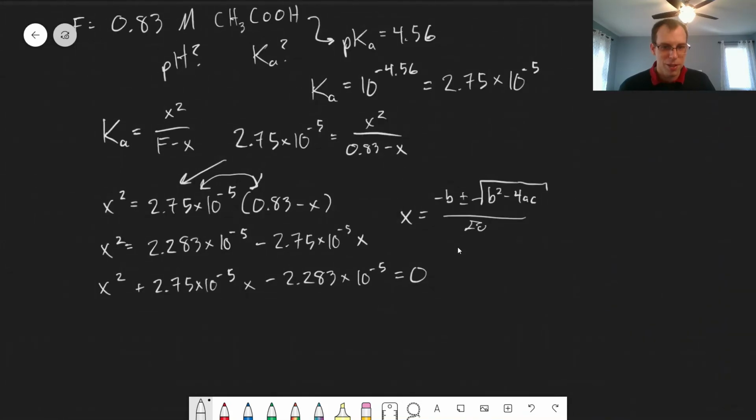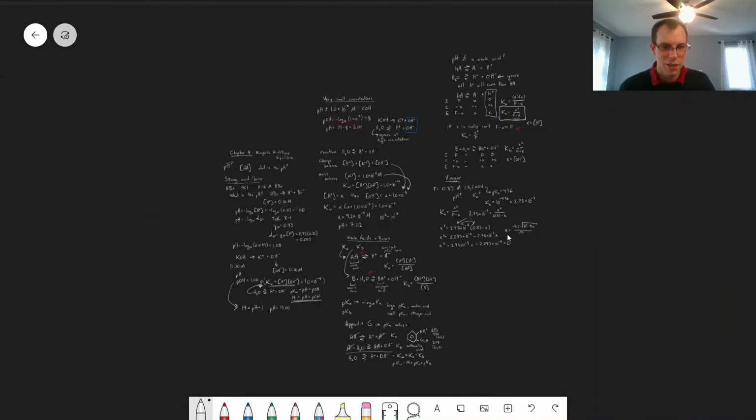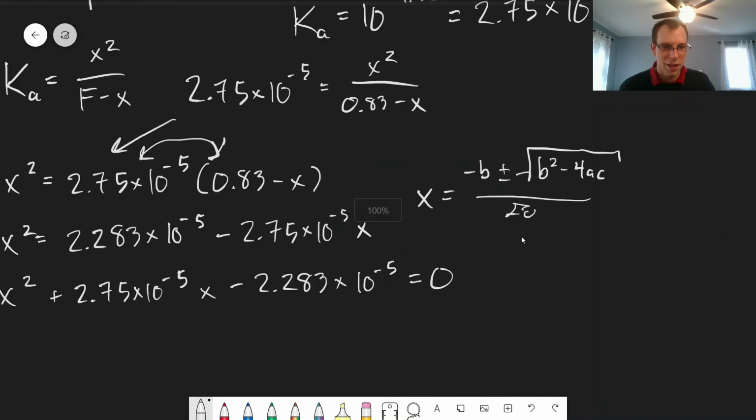Get me back to 100%, please. My hand dragged this over, so this should be a 2a down here. And this is for where we have ax squared plus bx plus c equals 0.